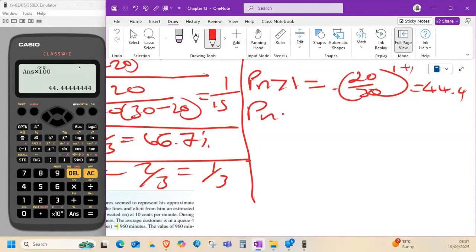Then where Pn is greater or equal to 2, we have 20 over 30, up 2 plus 1, multiplied by 100, of course.